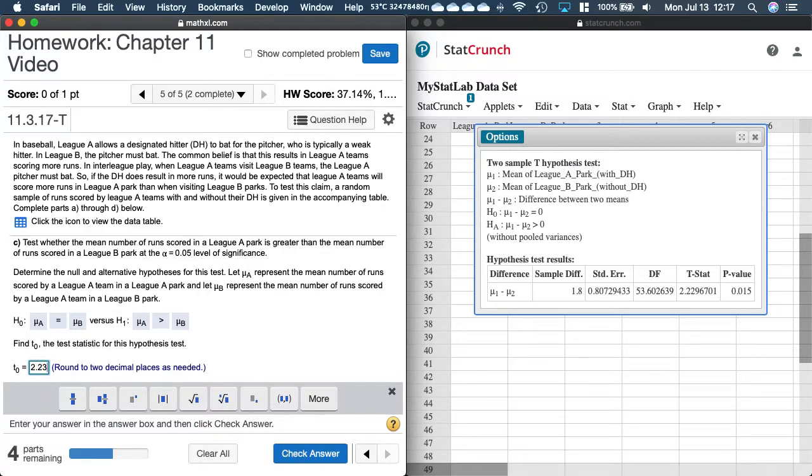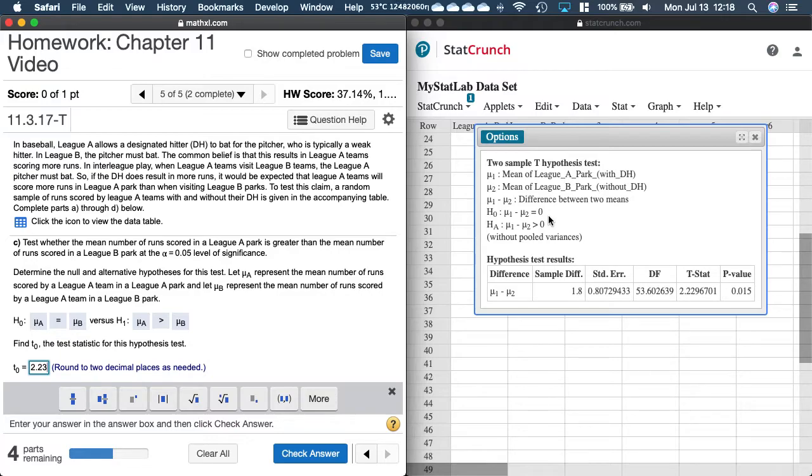Let's observe what this tells us about the difference between the mean of A minus the mean of B. This test statistic is telling us that this difference, mu sub A minus mu sub B, is 2.23 standard deviations to the right of 0.